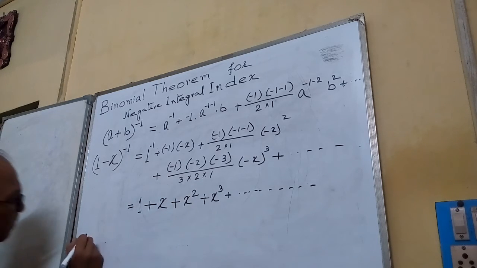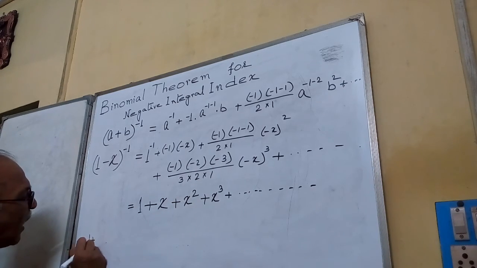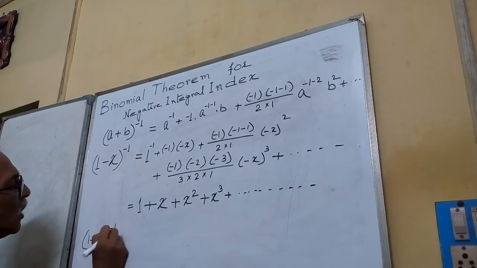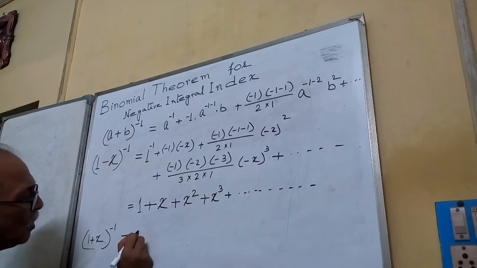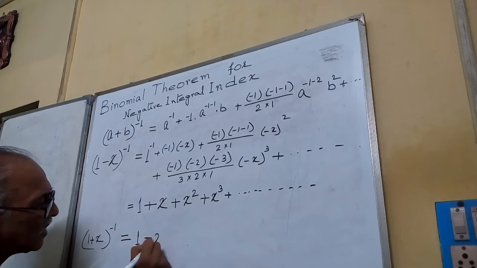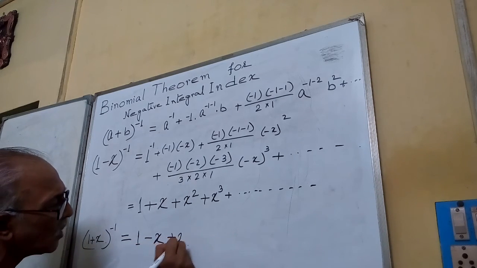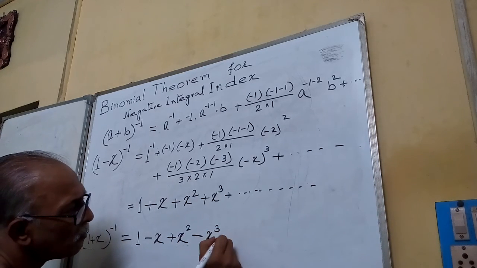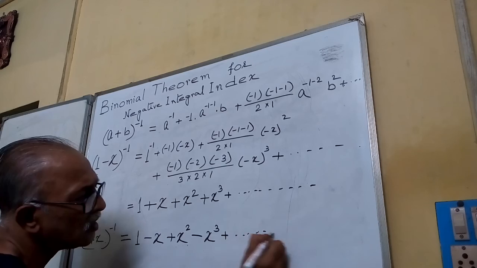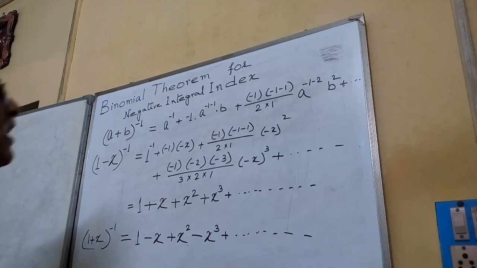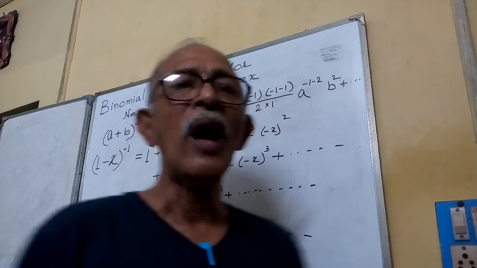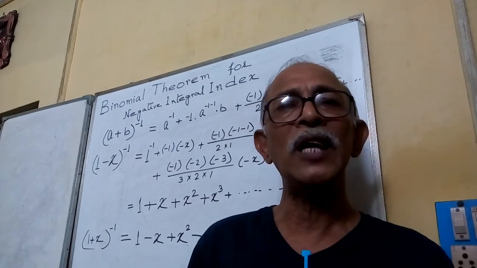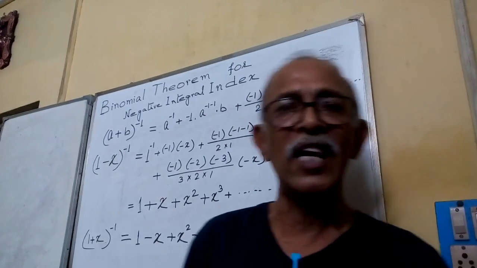That means 1 plus x whole to the power minus 1 gives the result 1 minus x plus x square minus x cube plus, in this way it will go up to an infinite number of terms. I hope I was able to explain what is binomial theorem for negative integral index.